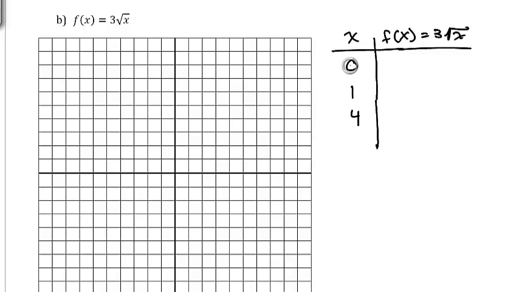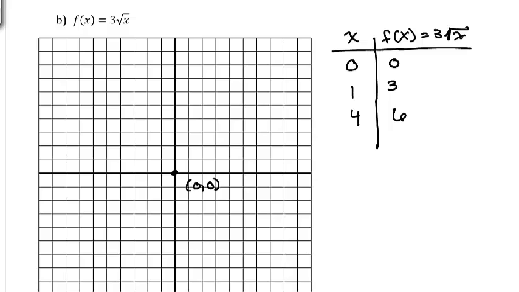So square root of 0 is 0, and when you multiply 0 by 3, you get 0. Square root of 1 is 1, and then multiply that by 3, you get 3. Square root of 4 is 2, and 2 times 3 is 6. Okay, so we have the point 0, 0 again.